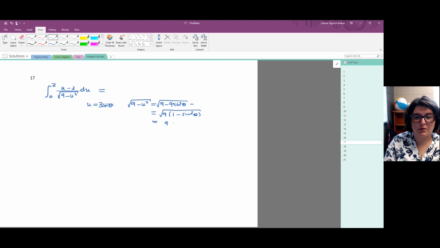We have 9 times the cosine squared of theta by the fundamental trigonometric identity. So this is 3 times cosine of theta when we work with theta between certain values, and we're not going to worry about that at the moment. We're just going to assume that we have 3 cosine of theta when we take that root. And then du is equal to 3 times cosine of theta d theta.